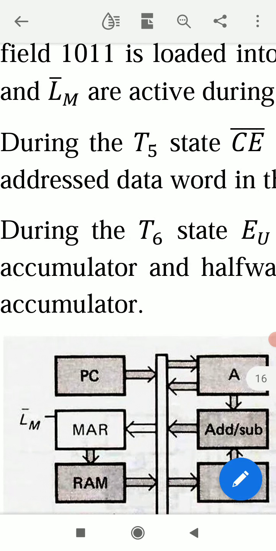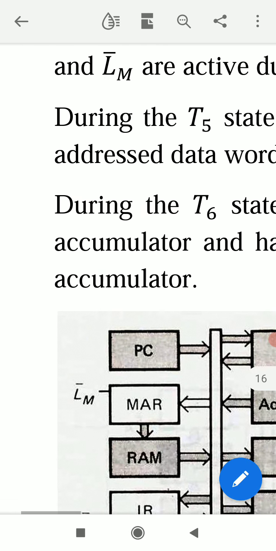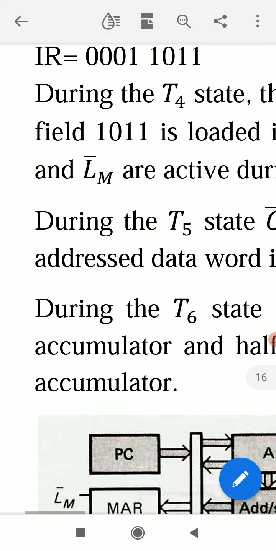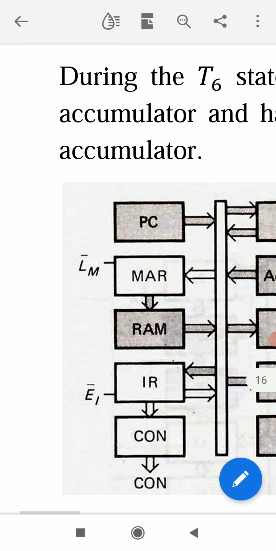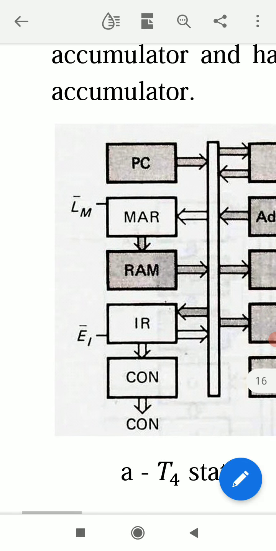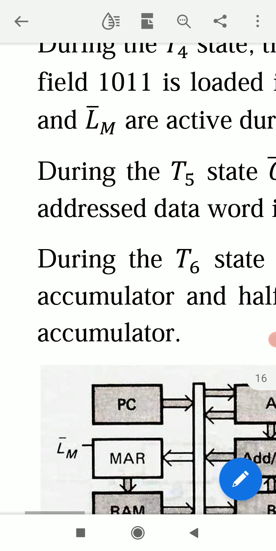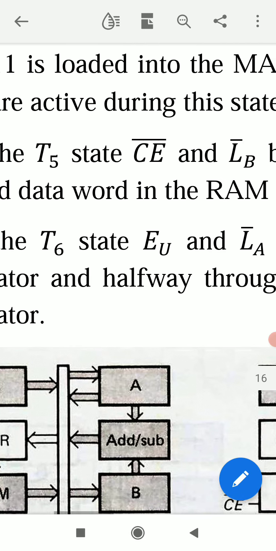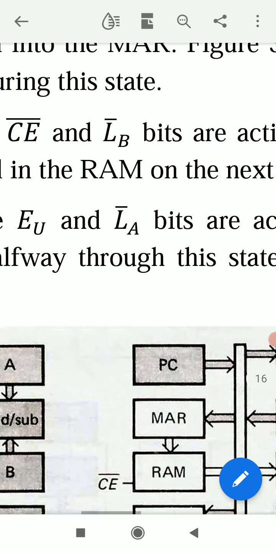This is for T4 state, and during this T4 state LM bar and EI bar bits are active, and these are the active parts MAR, IR and CON. Now during the T5 state CE bar and LB bar bits are active.